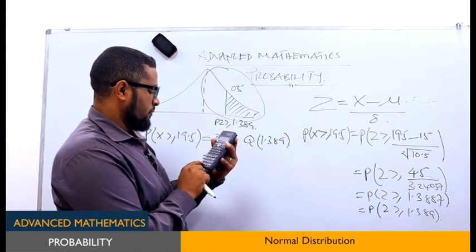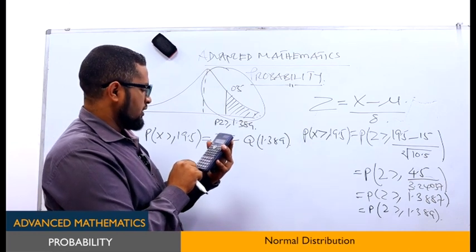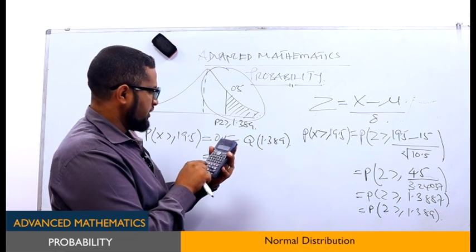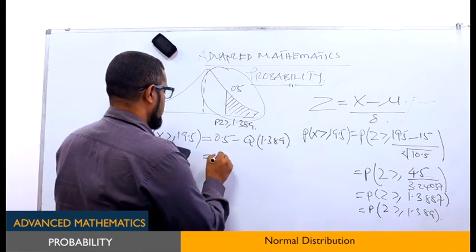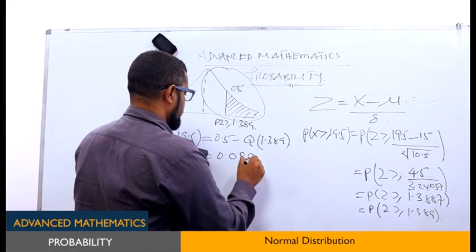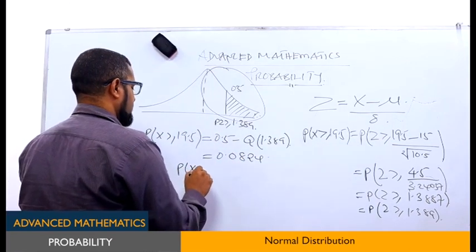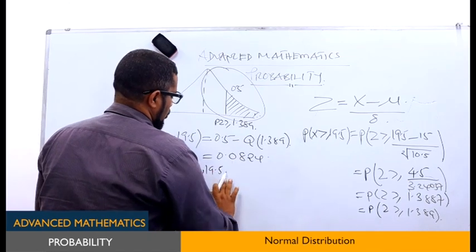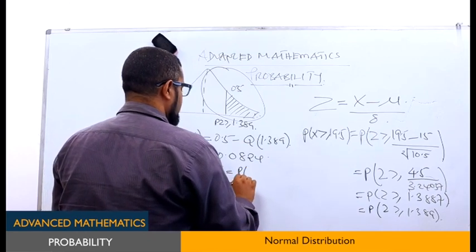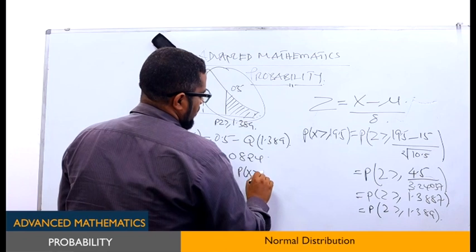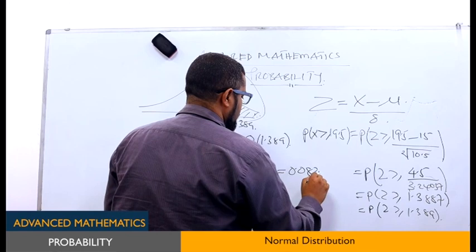So it is 0.5 minus the shift distribution Q of 1.389. So you will get 0.0824. So therefore, the probability of X greater than 19.5, which is the same as saying the probability of X greater than or equal to 20, is 0.0824.